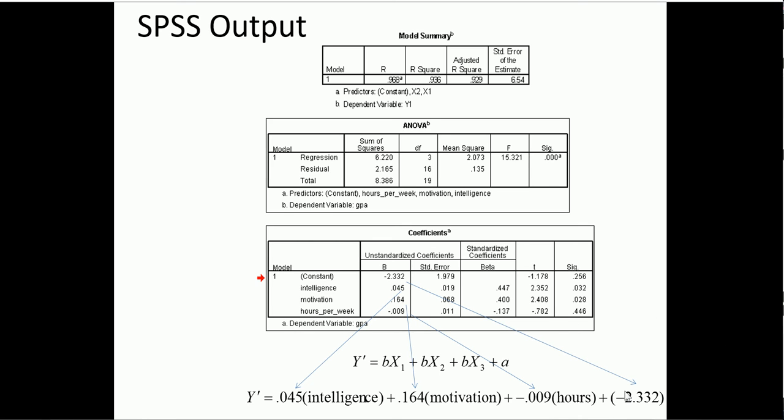And then finally, we have to add the constant, negative 2.332, which is kind of nonsensical, but it's important to have in the equation.